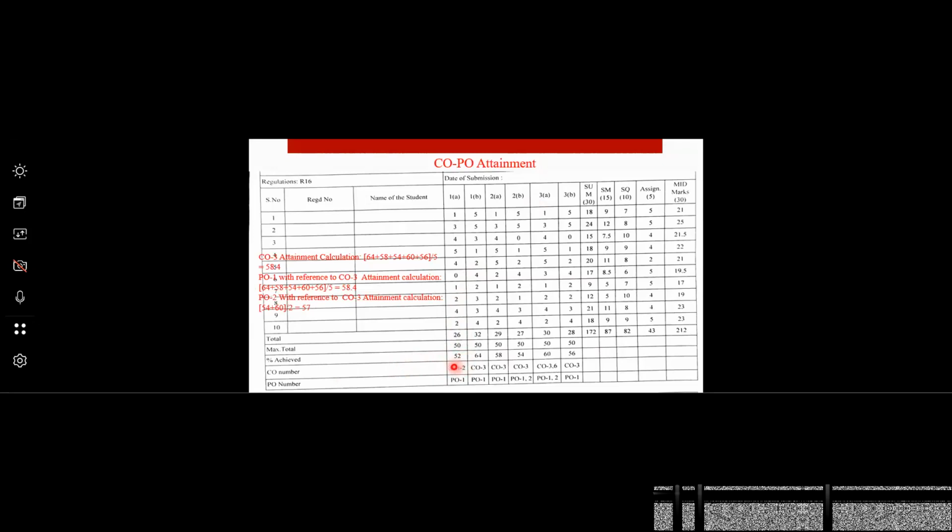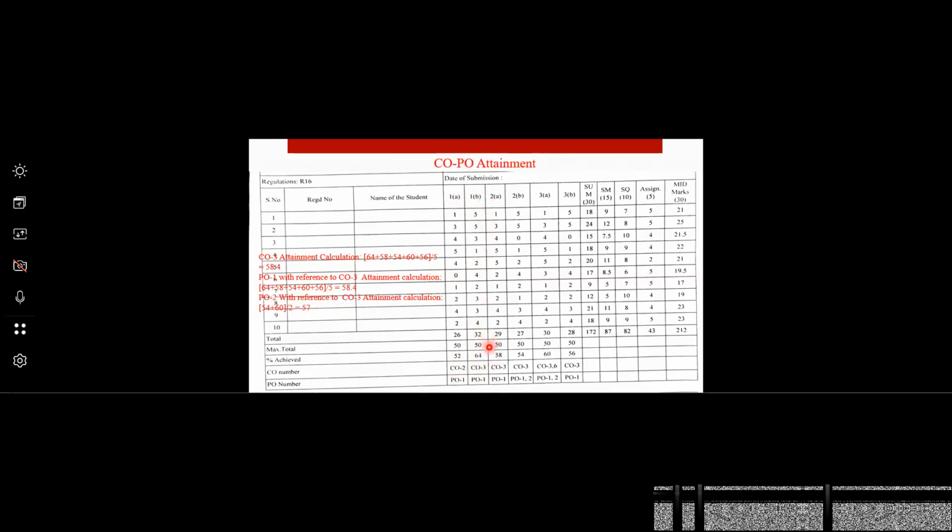That means the CO2 achieved is only 52% with respect to question 1A, and PO1 with respect to question 1A is only 52%.